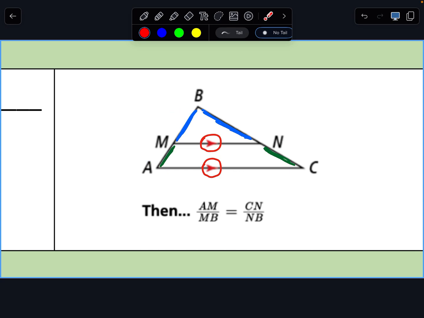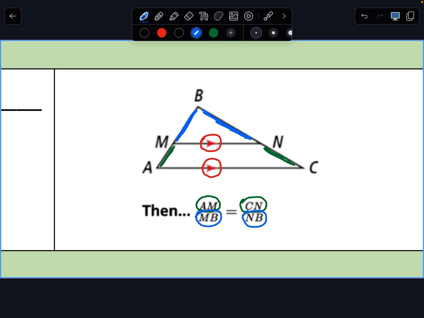If BM is twice as large as MA, BN will be twice as large as NC. And so what we do here is we just set up fractions and solve, right? The relationship between AM and MB is the same as the relationship between CN and NB. We just set up proportions and solve.